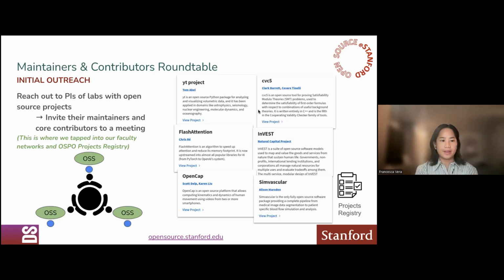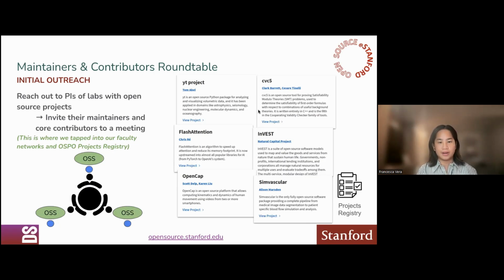We tapped into our faculty networks and OSPO projects registry to reach out to PIs of labs with open source projects and invite their maintainers and core contributors to a meeting. So it was very much the process of what do we know is being developed, the assumption that there are very skilled and engaged people behind the development of that software, and inviting those people to join our meeting and participate as members of this maintainers and contributors roundtable.